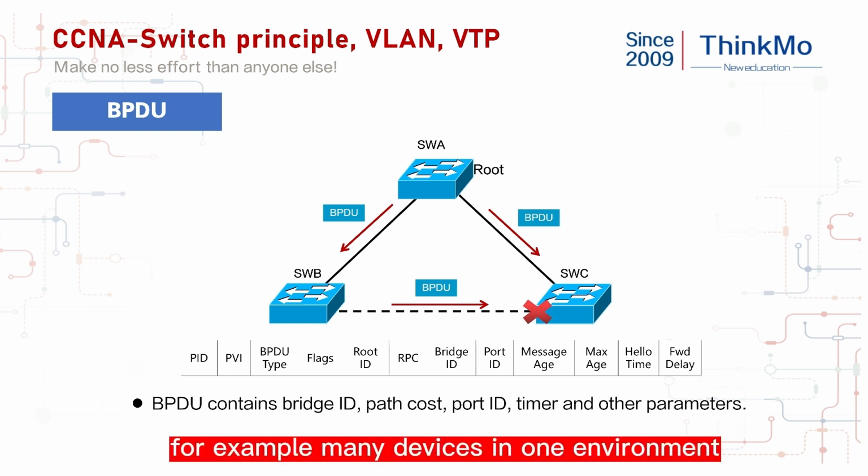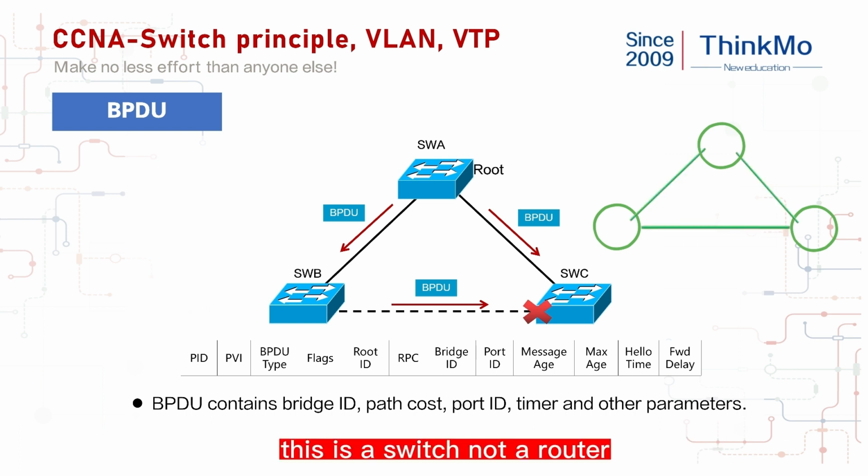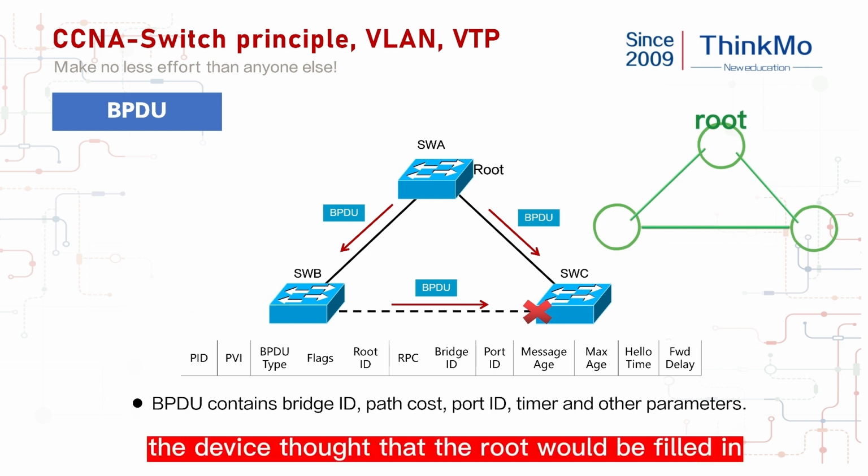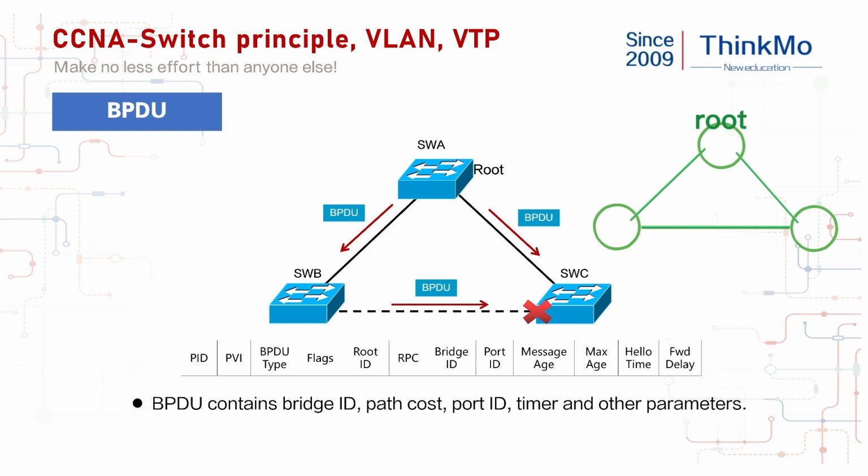For example, in one environment there are many devices. This is a switch, not a router. They all send BPDUs. Assuming now there is a root, in the root ID of all switches, the device fills in whichever device it thinks is the root. For example, now the root is device 1.